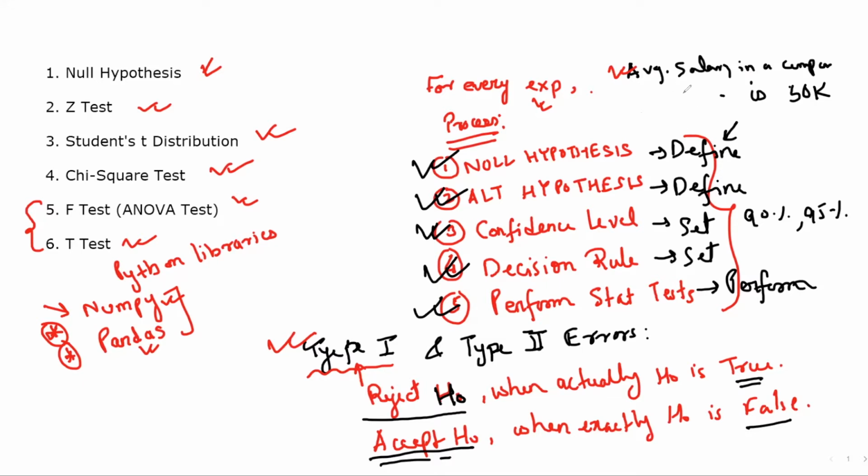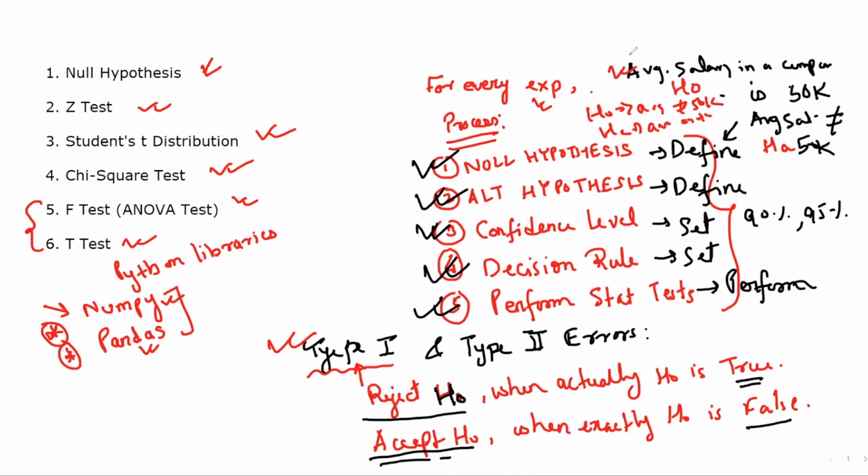So what will be your alternate hypothesis? Alternate hypothesis will be average salary not equal to 50k, right? This is your alternate hypothesis and this is your null hypothesis. But actually, it is the reverse. According to the problem statement, what you should have done is said null hypothesis as average salary not equal to 50k, and alternate hypothesis as average salary is equal to 50k.